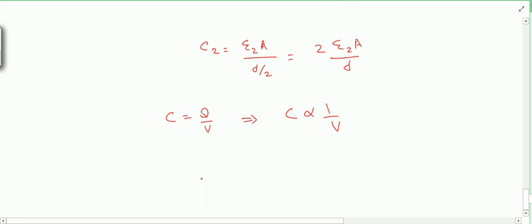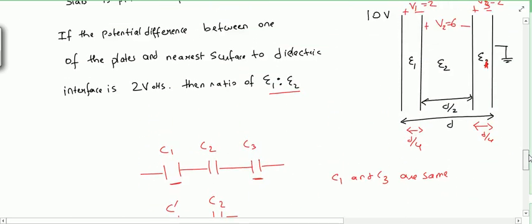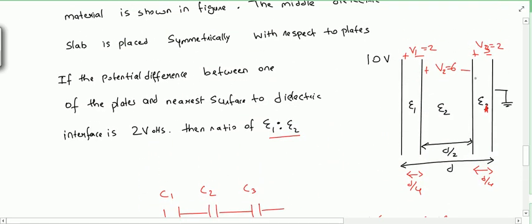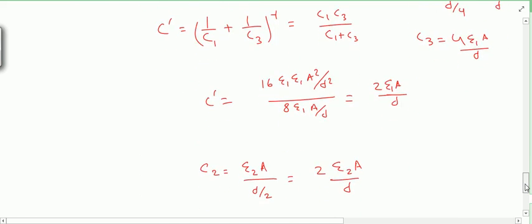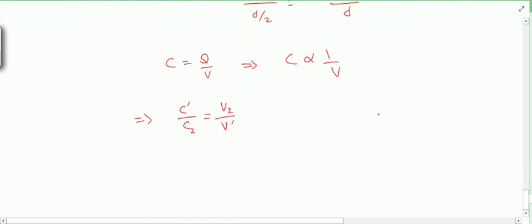So using that, C dash by C2 will be equal to V2 by V dash, because of the inverse proportionality. And what will V dash be? V dash is the effective potential across both C1 and C3, so V dash will be V1 plus V3. So it will be 2 plus 2, 4 volts.